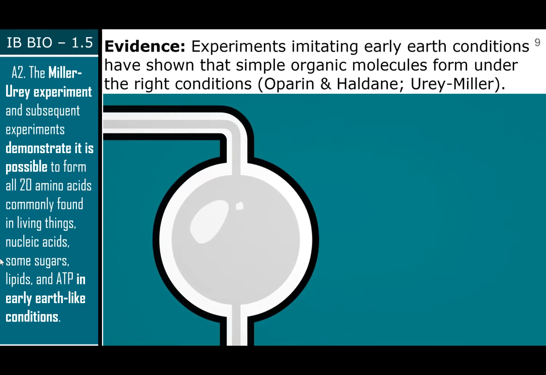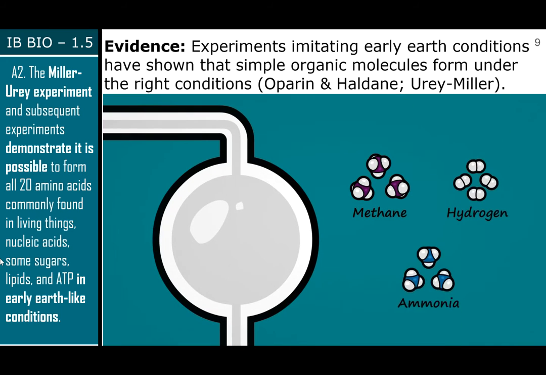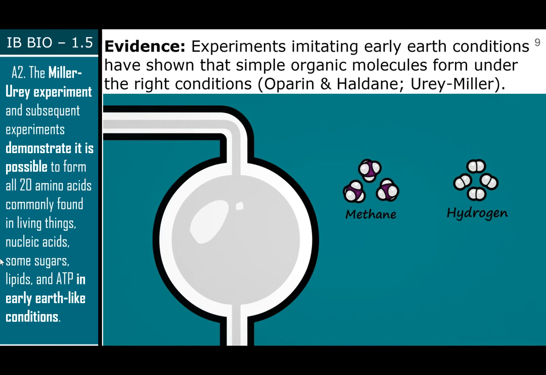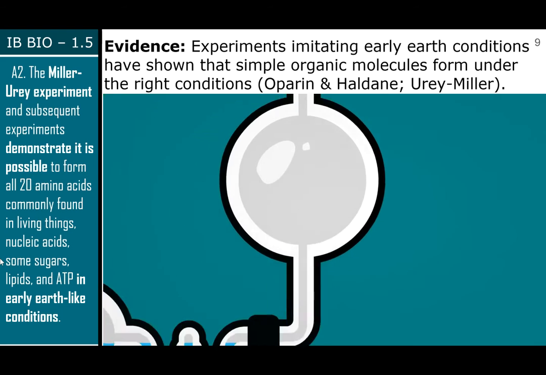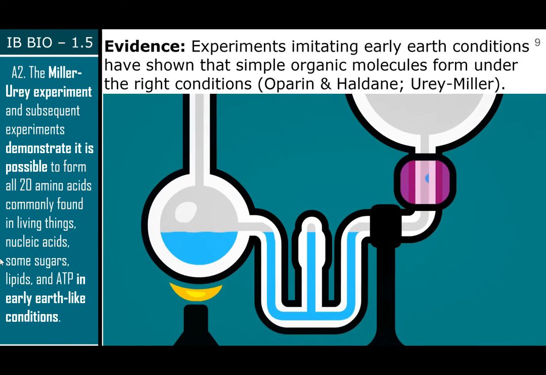Along with water vapor, for gases of the atmosphere they chose methane, hydrogen, and ammonia. These are simple gases which scientists at the time thought were probably abundant on the ancient Earth. They added a condenser to cool the atmosphere, allowing water molecules to form drops and fall back into their ocean like rain.